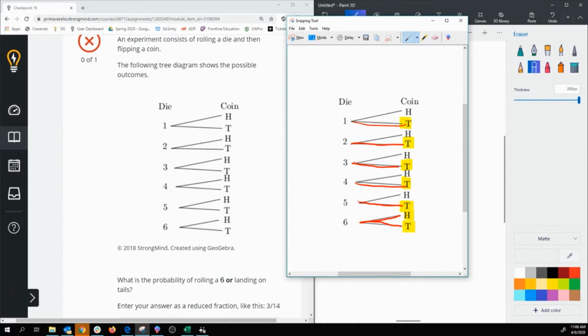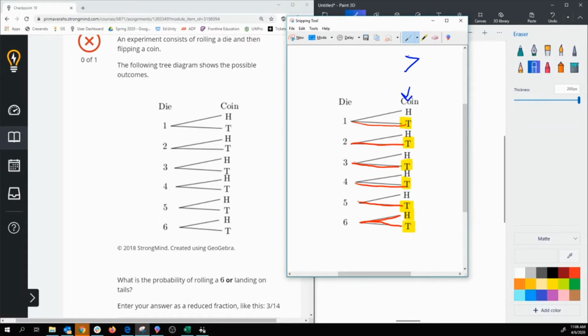So out of all of these possible options, how many do I have highlighted? I have 7 highlighted, right? So I would have 7 different outcomes where I'm either rolling a 6 or I'm landing on tails. And how many total options do I have to pick from here? Remember, to figure out your total, you can count how many heads and tails we have in the very last column.